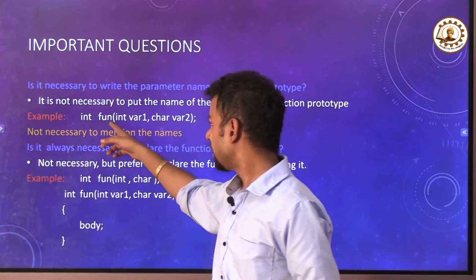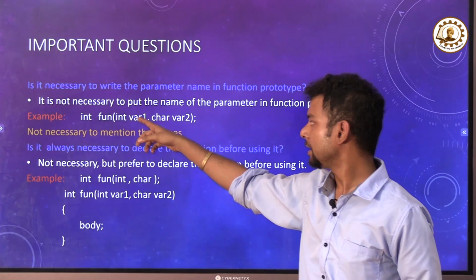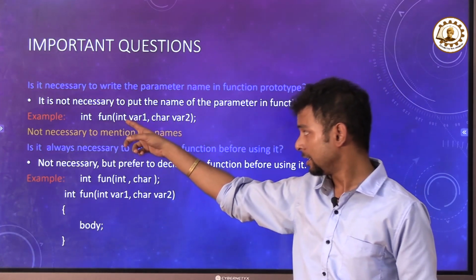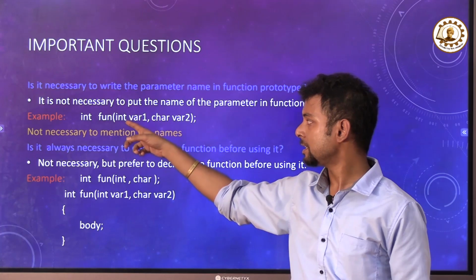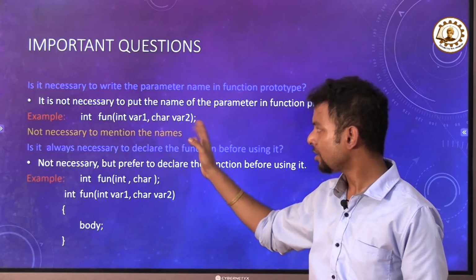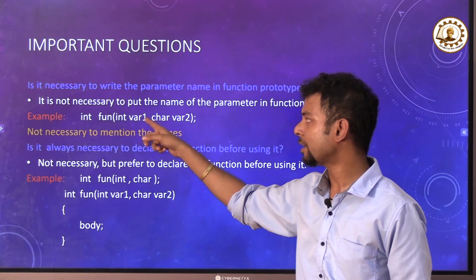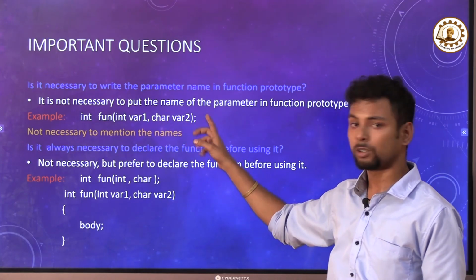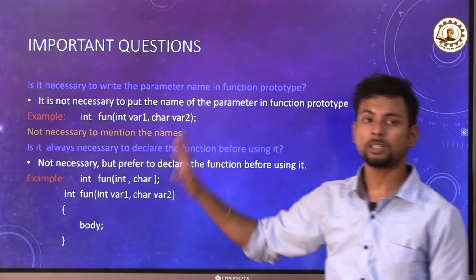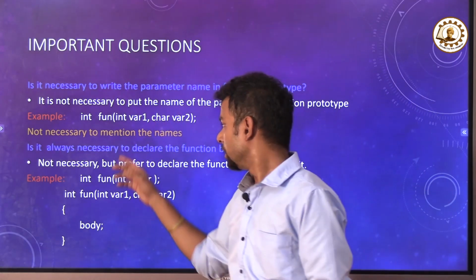See here, example, int var1 comma char var2. One is of integer type, one is of character type. It is not necessary to write var1 and var2. You can simply omit the naming part of the variables.